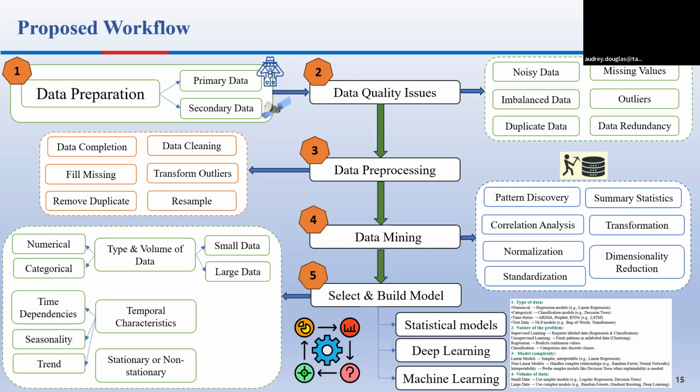And sometimes in some cases, we are using different models and we have ensemble models which just contain different simple models, right? Okay, and we have temporal characteristics like time dependency, seasonality, and trend.